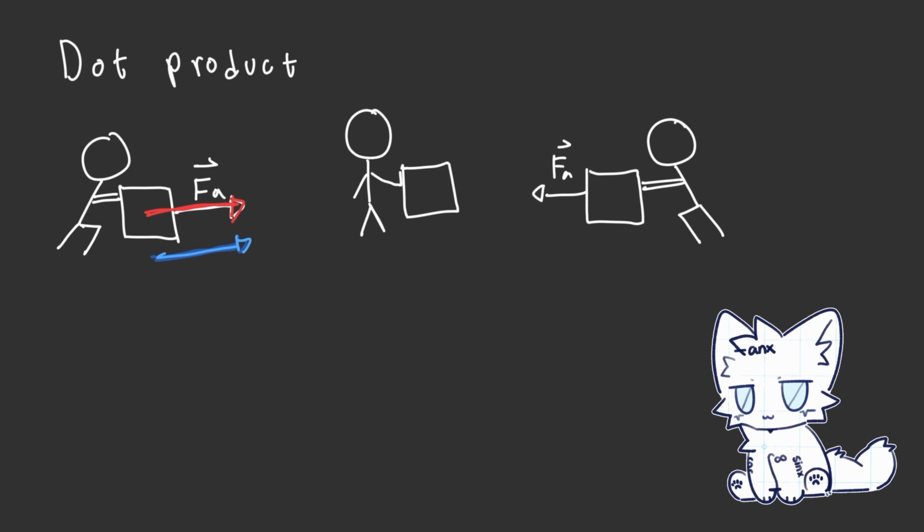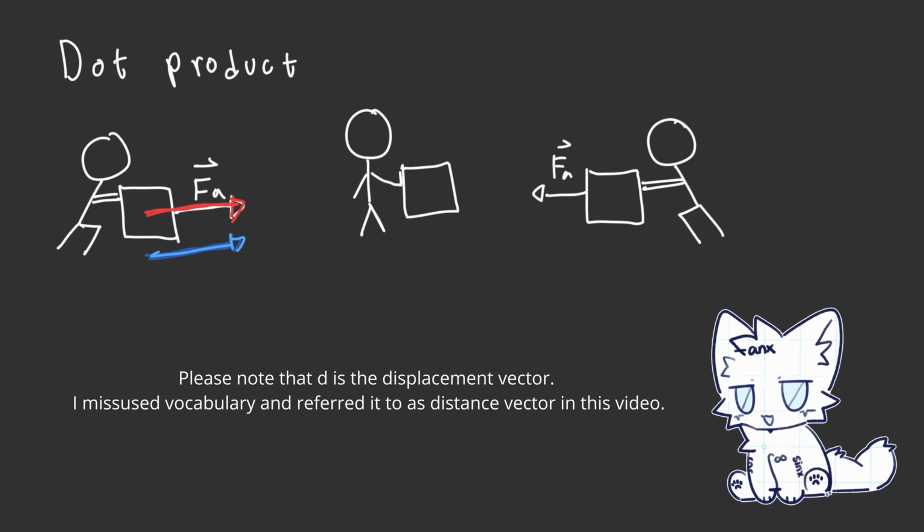If we start the vectors at the same center, you can see that they line up. So what this means is that all of the force applied will be like the maximum amount of force you are able to apply to the box.